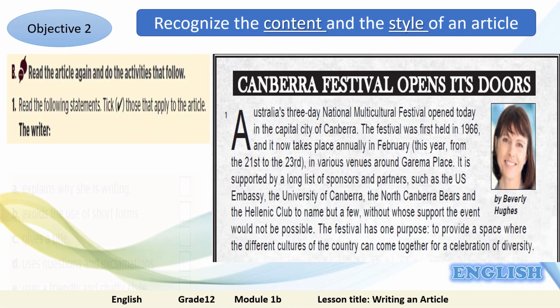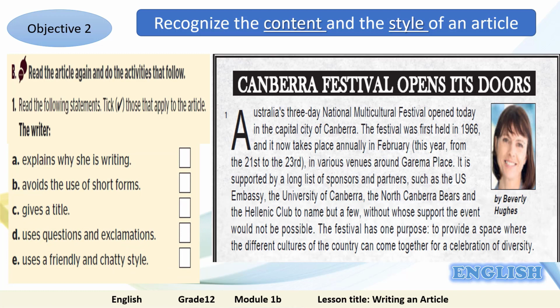On your left-hand corner, we have a list from A to E. We need to examine these statements and check which of them apply to the article. So, let's get started. Letter A. Does the article explain why she's writing? I don't think so.